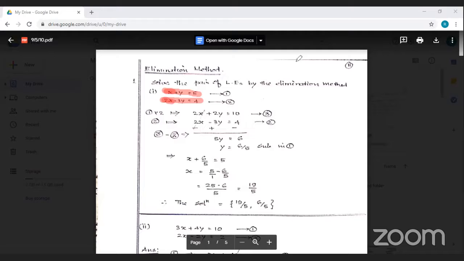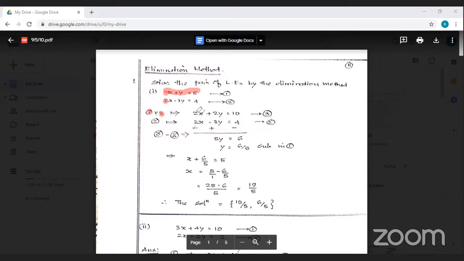How can we bring the coefficient of one variable equal? Now this is 2x, and this is x. I want to bring this also to 2x. What am I supposed to do? Multiply the whole equation by 2. What will happen?